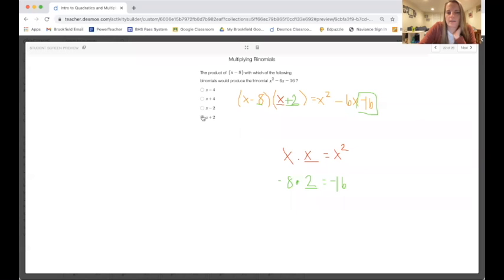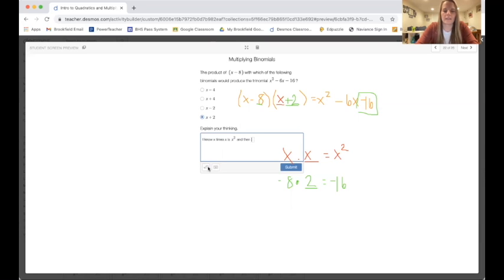And then you could check that by distributing, right? So explaining my answer, I know x times x is x squared. And then negative 8 times positive 2 is negative 16. And if I do out x minus 8 times x plus 2, the middle terms will combine to be negative 6x. And you can kind of prove that here.